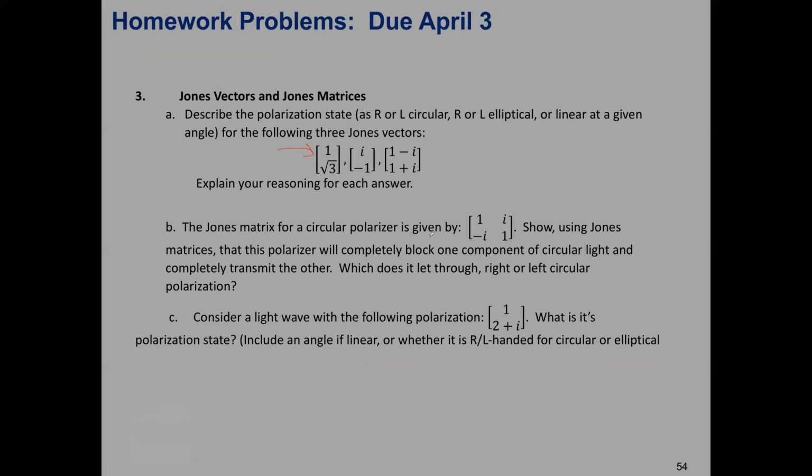For the second one, I give you the matrix for a circular polarizer minus the 1/2, so it's not normalized correctly. But what you can do for this part of the problem is confirm that it does indeed block a left circularly polarized light source. You have to multiply by the Jones vector for left circular light and show that you get 0 on the other side.